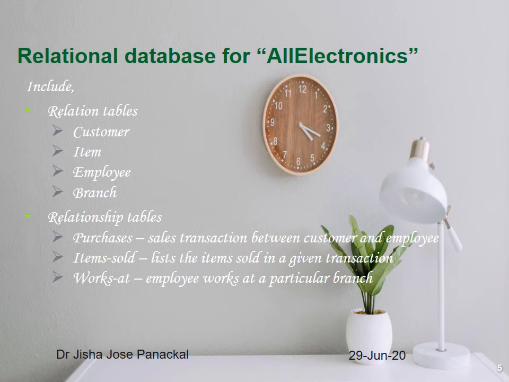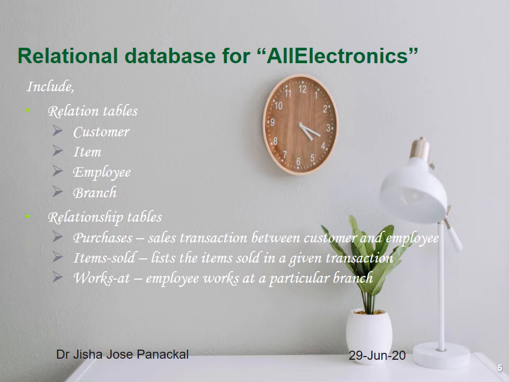Purchases include sales transactions between customer and employee, so that is the relationship between customer and employee. Items sold lists the items sold in a given transaction. Works at represents the employee working at a particular branch, so it's a relationship between employee and branch.